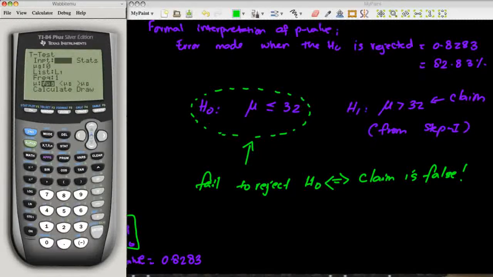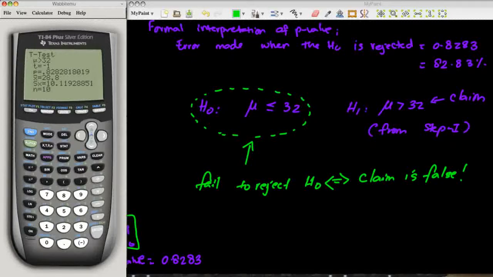Now you have to enter the claimed value, which is 32. Then I select the alternative. This is not a two-tailed test. The alternative is mu greater than mu naught, so I select option number 3, then I hit calculate, and that is my information.